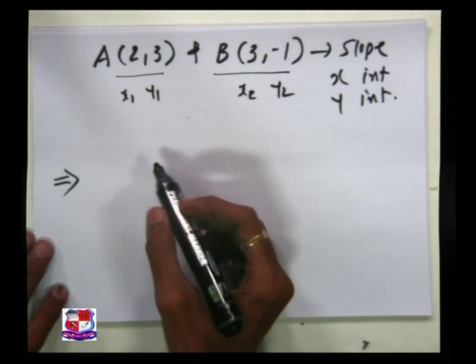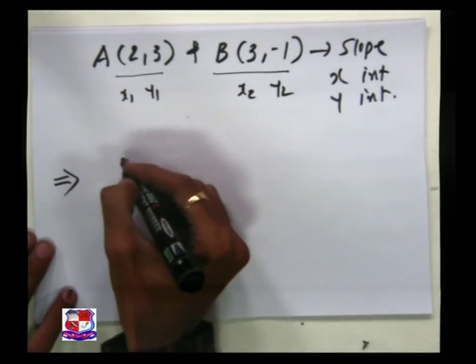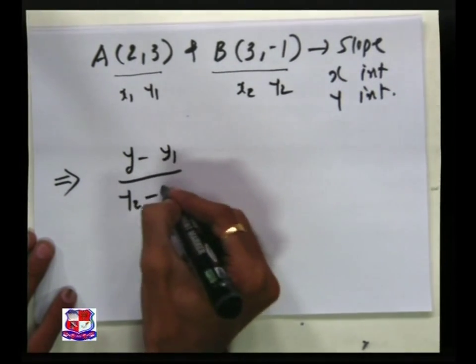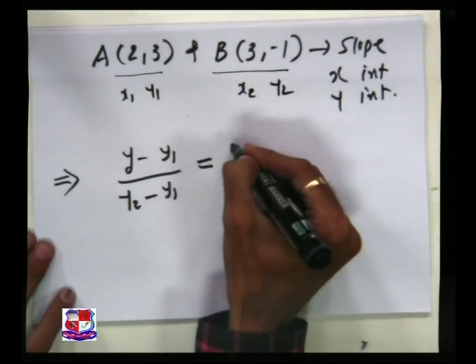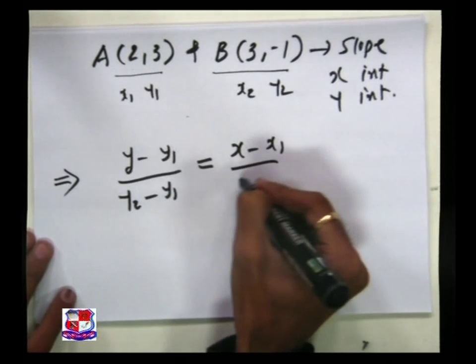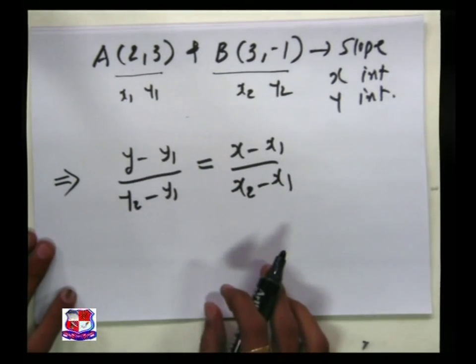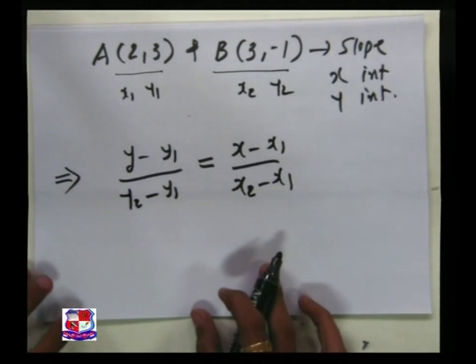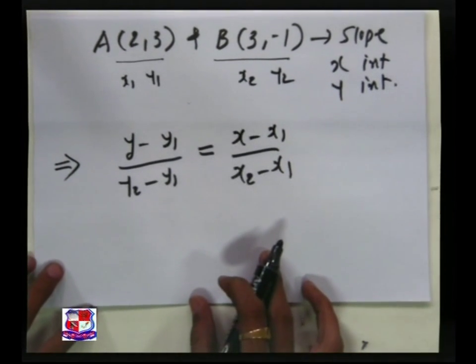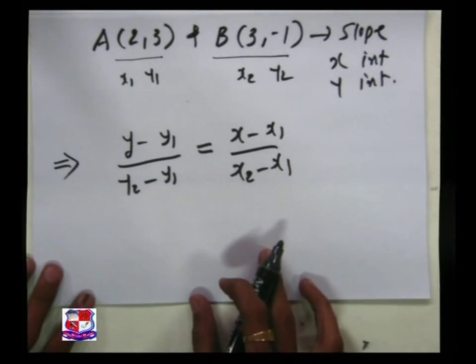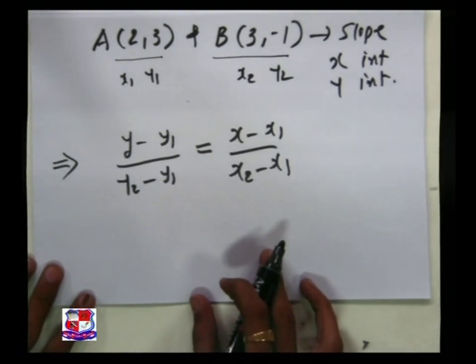So we will use the 2-point form, which is y minus y1 upon y2 minus y1 is equal to x minus x1 upon x2 minus x1, which we discussed some time before. This is the 2-point form.